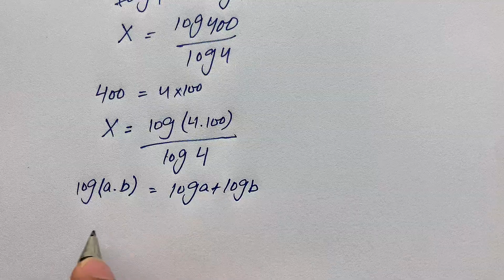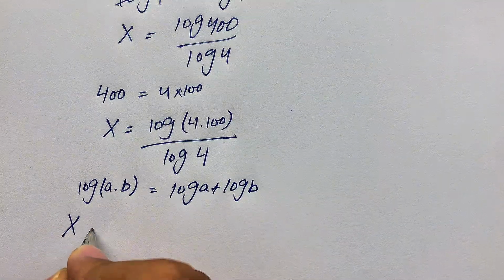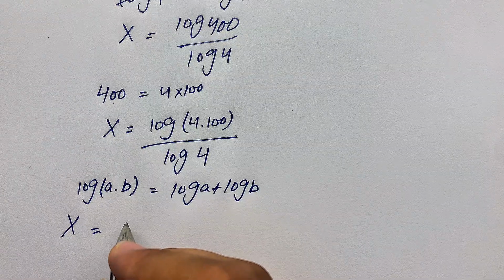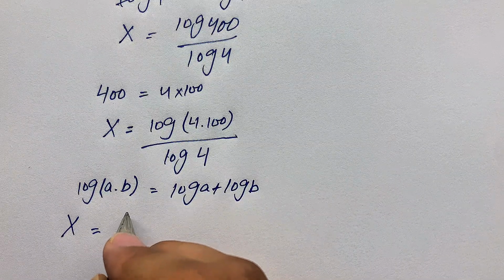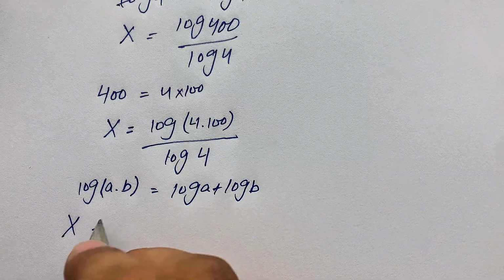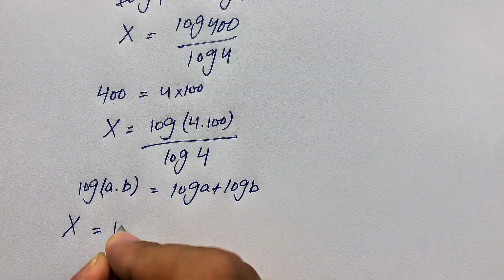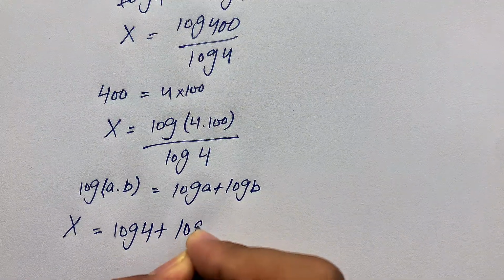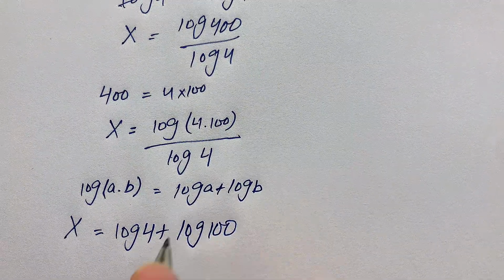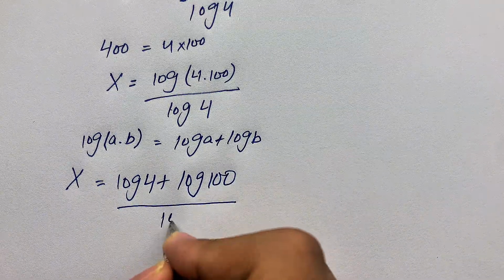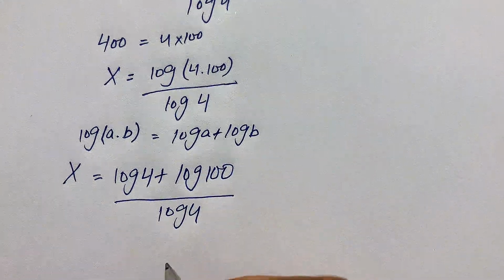So x is equal to log of 4 plus log of 100, divided by log of 4.